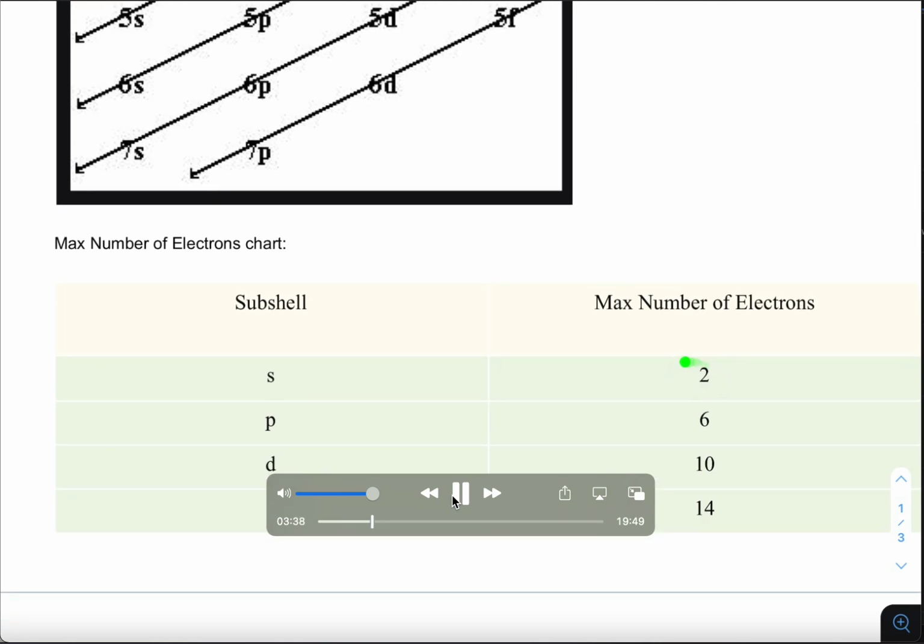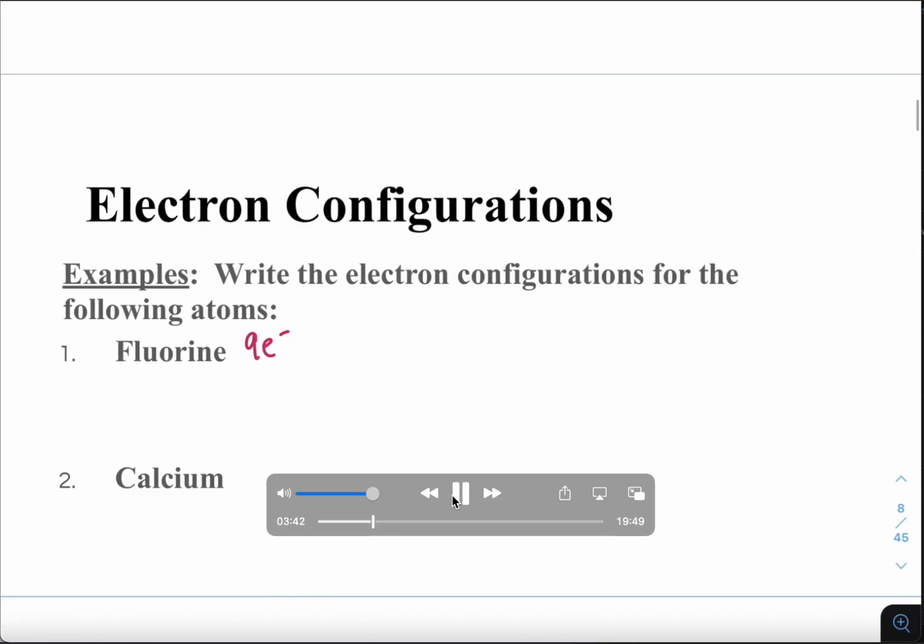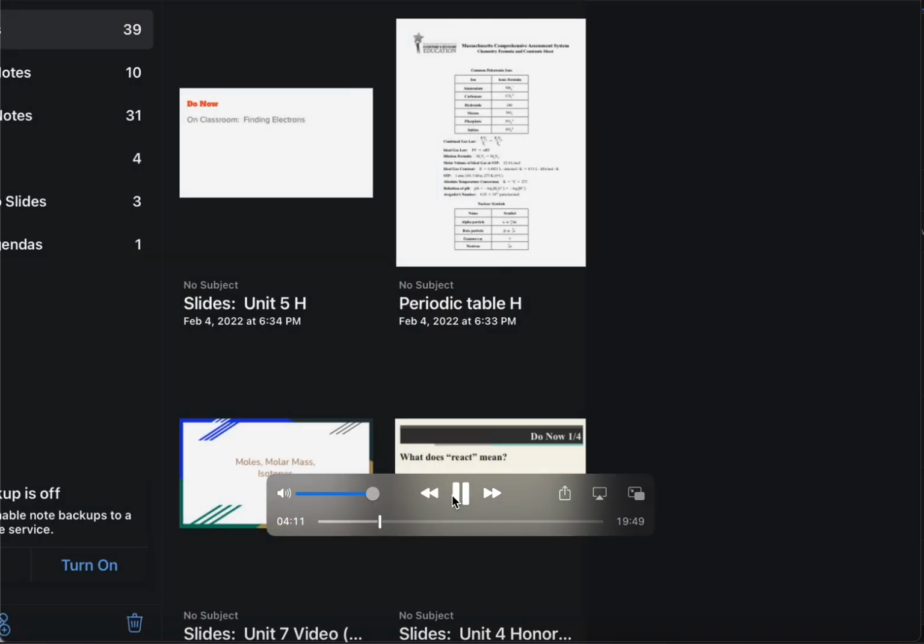And remember, you have to fill it up before you move on. So the way you write that is you write 1, s, and 2 as an exponent. 1 is referring to the shell or the energy level, and then s is the subshell, and 2 is the electrons. So we need to keep doing that until we get to 9.